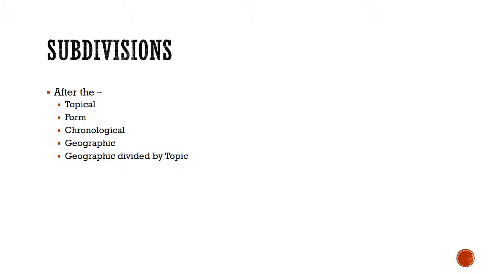These are called subdivisions, and there are 5 different kinds of subdivisions: topical, form, chronological, geographic, and geographic divided by topic.